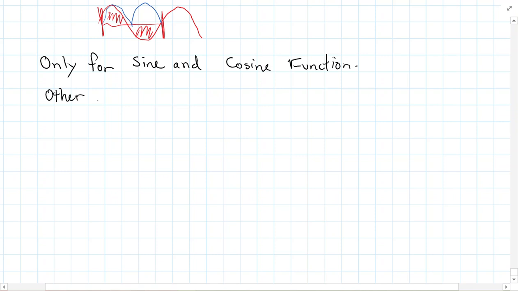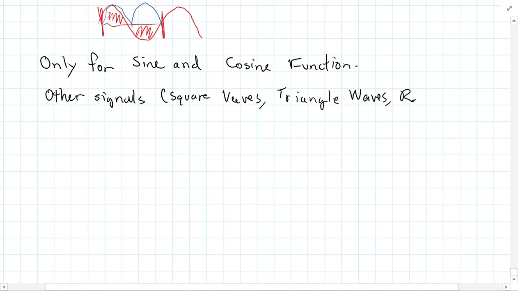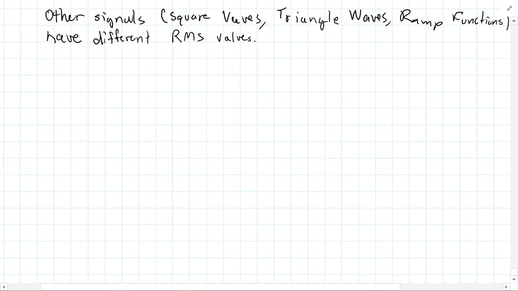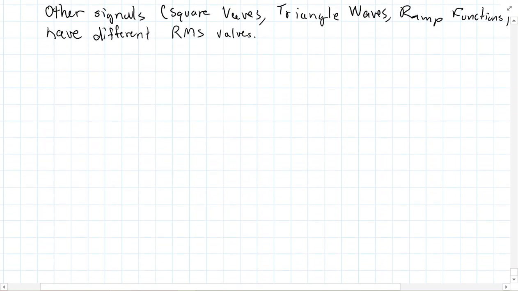Other signals, for instance square waves, triangle waves, ramp functions, and of course there are other ones as well, have different RMS values. You use the same equation to find RMS, but what we're going to get is a result which makes things a little bit nicer for us.